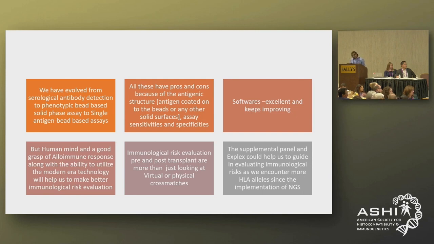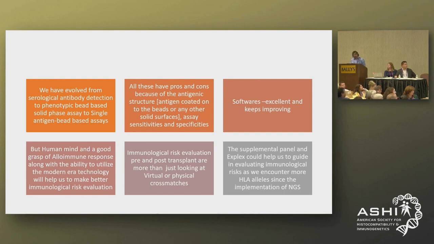So let me just give a tribute to the legendary Paul Terasaki, who started the serology, and we had serology for everything. For those who are old enough in this group, we had serology for typing, serology for antibody estimation, and then we had cyclosporine, and that is what transplantation was about.